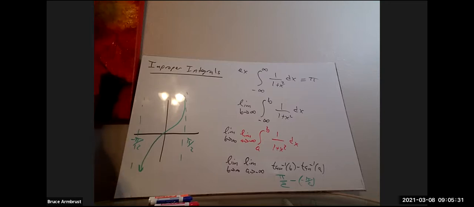So the integral from minus infinity to infinity of 1 over 1 plus x squared is actually pi. It's a finite number, right? And so we call that a convergent integral because we get a value. But it turns out that that's a finite area.